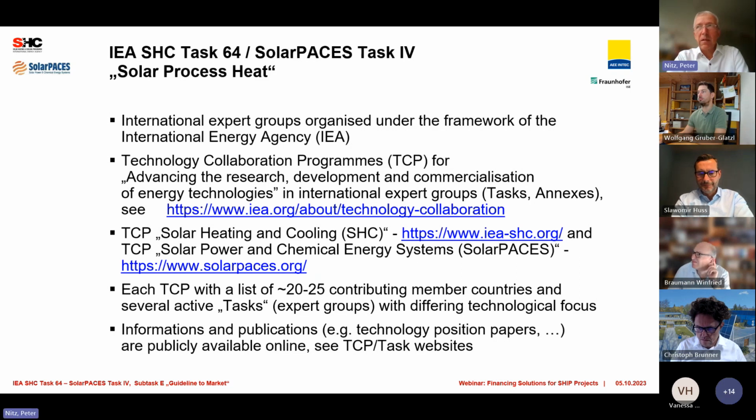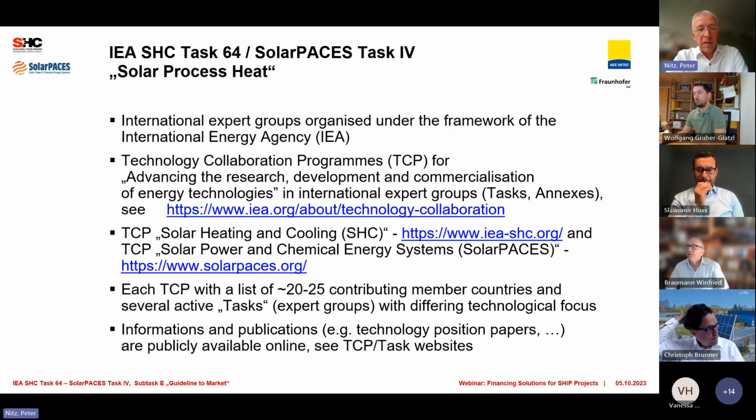Typically, technical topics are defined in tasks or annexes and addressed by groups of international experts. Here we have the TCP Solar Heating and Cooling, SHC, and the TCP Solar Power and Chemical Energy Systems, abbreviated SolarPACES. Each TCP has about 20 to 25 contributing member countries and invites experts from science and industry to contribute to the discussion.